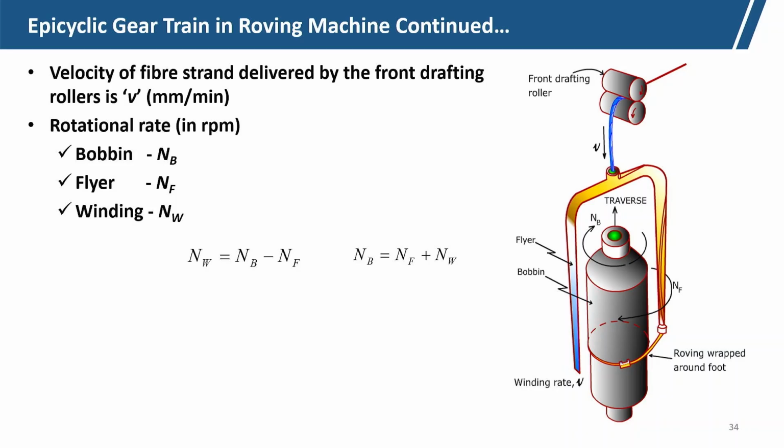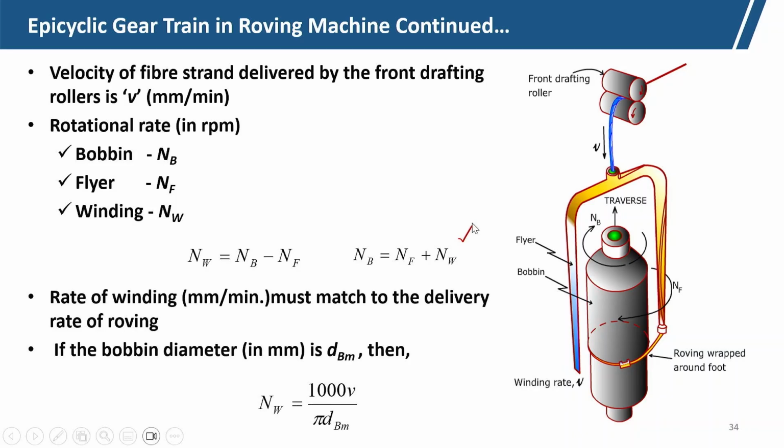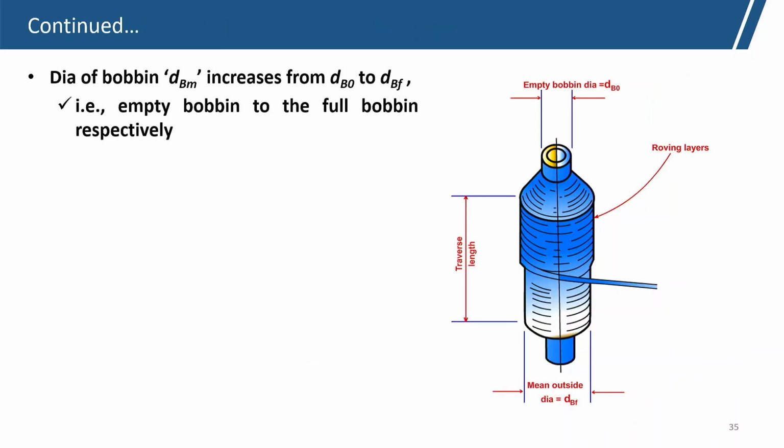So, winding speed is NB minus NF. So, NB is NF plus NW. So, the rate of winding must match with the delivery rate. If the bobbin diameter is dBm, then winding speed is this one that we have already seen earlier.